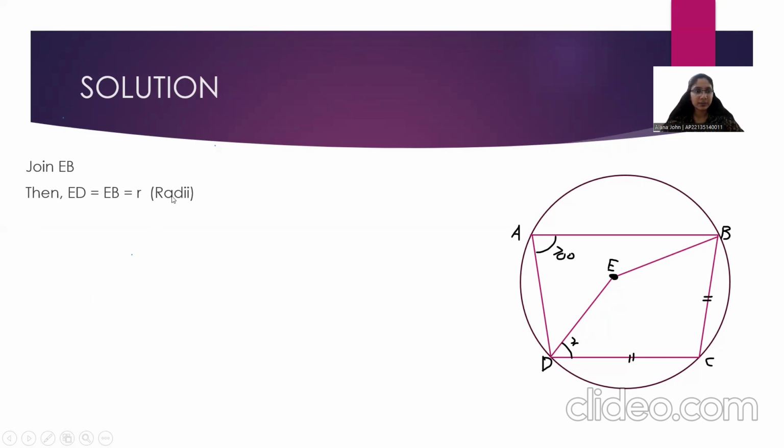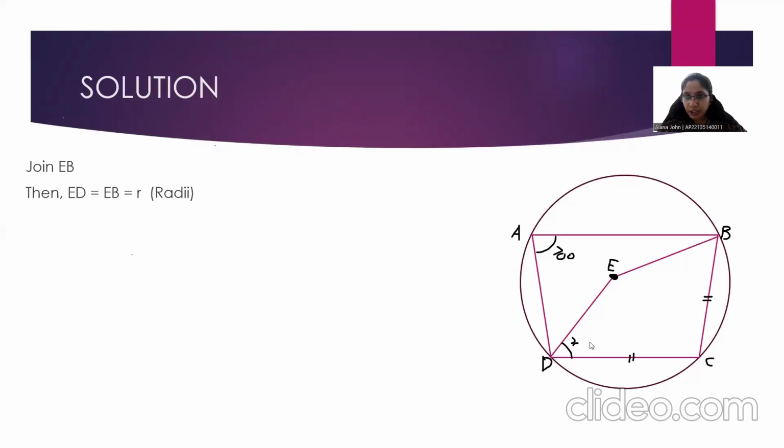Here you may have a confusion, why it is called radii, why it is not called radius. Radii is the plural of radius. Here we are considering 2 radius, so that's why we are using the term radii. Okay. So thus ED equal to EB. Both are radius of the circle and we are taking it to be small r.